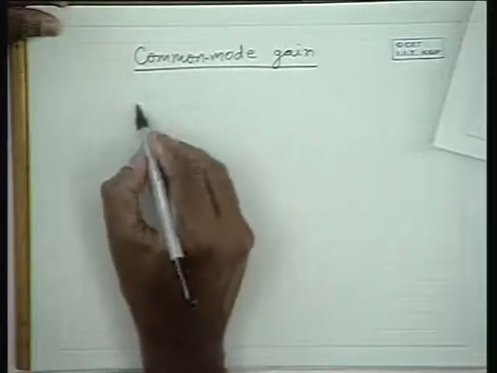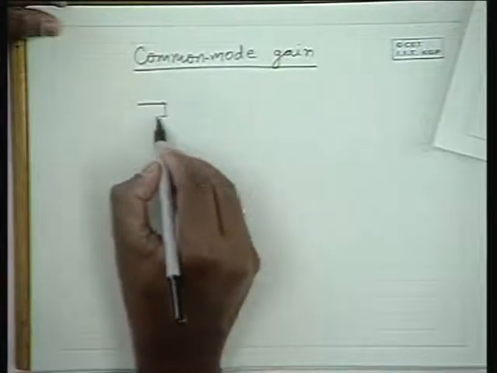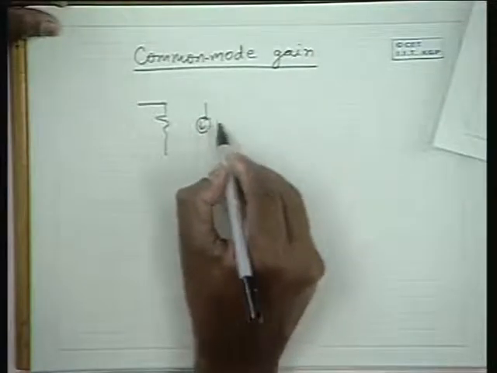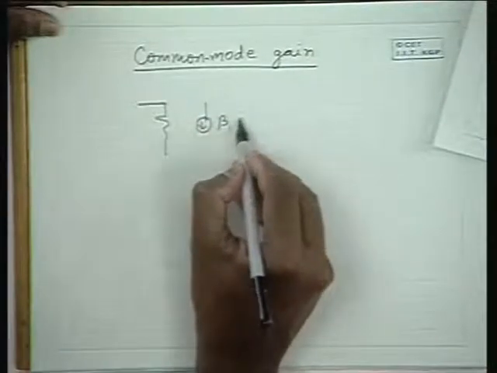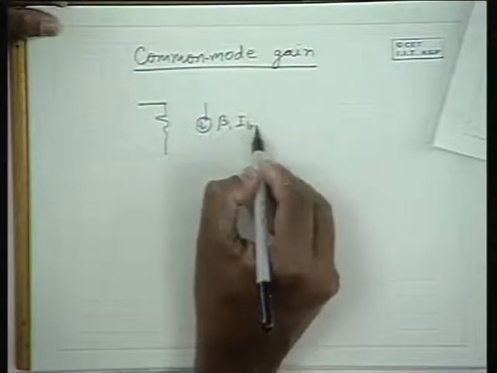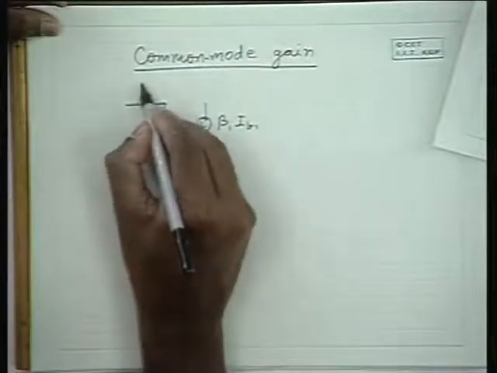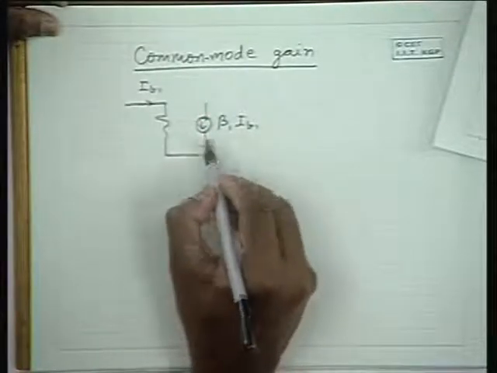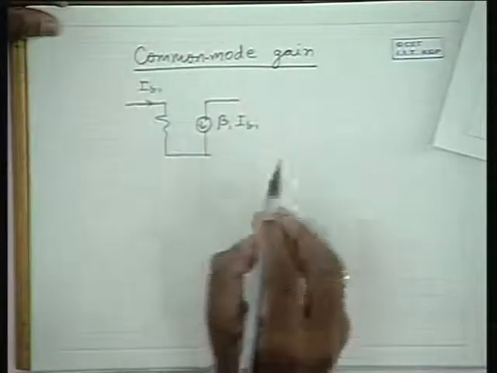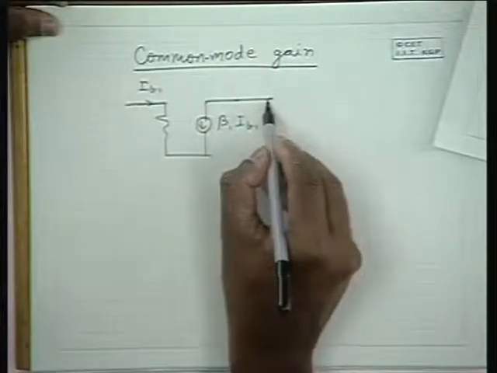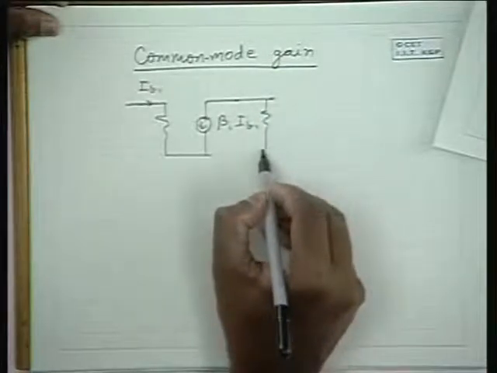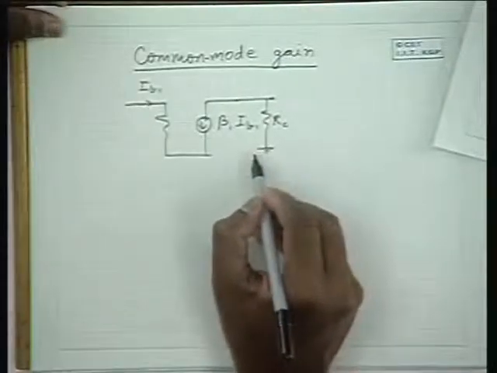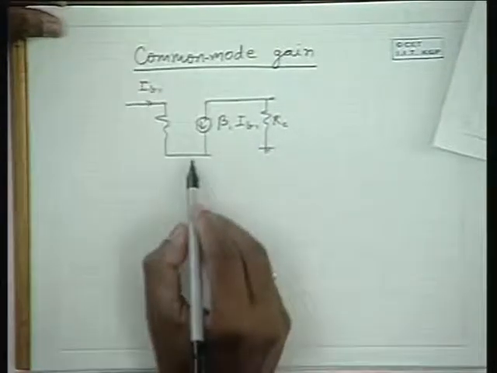So, let us use the approximate re model. For the first transistor, this is the base current IB1, and this is the model for the first transistor, and to this we have connected RC, and the other end is connected to the supply, and the supply is like a short circuit for alternating signals.